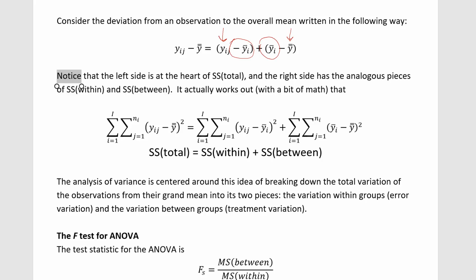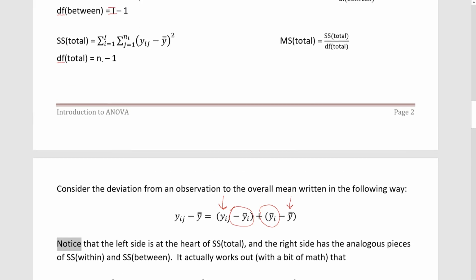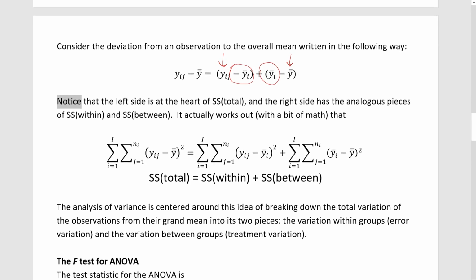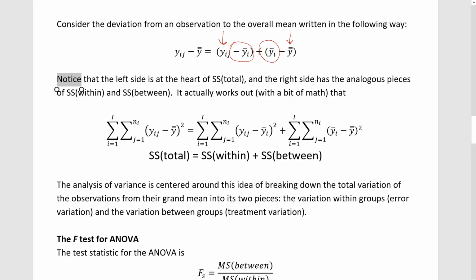So notice that the left side is at the heart of the sum squared total. If I go back up here and look at the sum squared total, that is at the heart of the calculation when I calculate that sum squared total. So that Yij minus Y bar bar is the left side. And the right side has the analogous pieces of the sum squared within and the sum squared between.